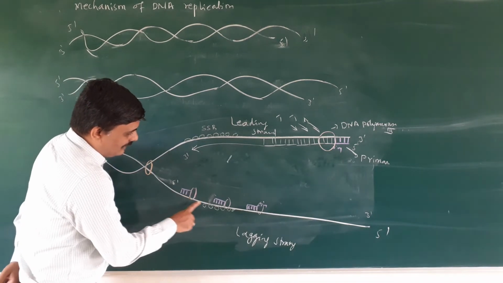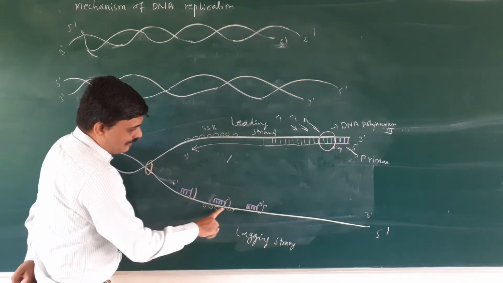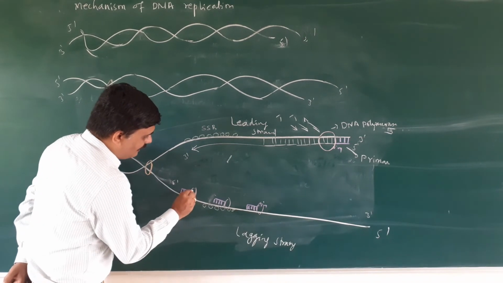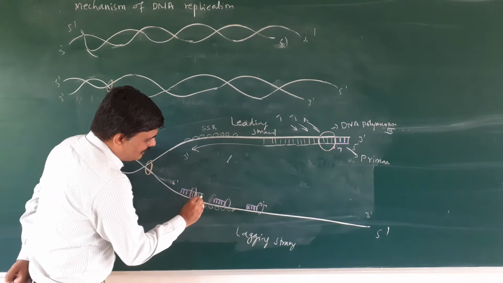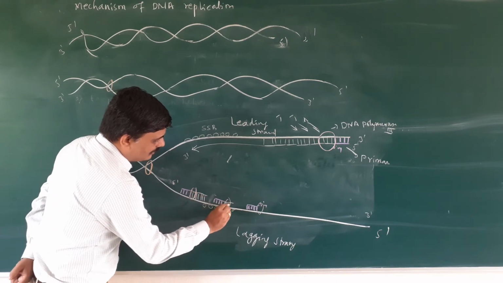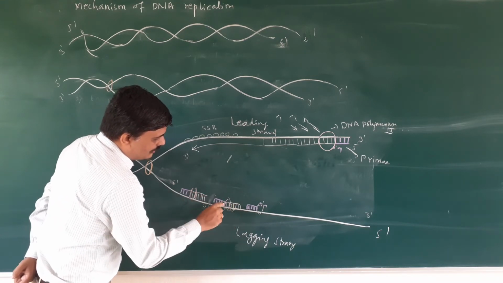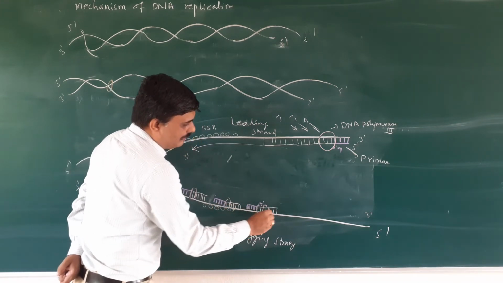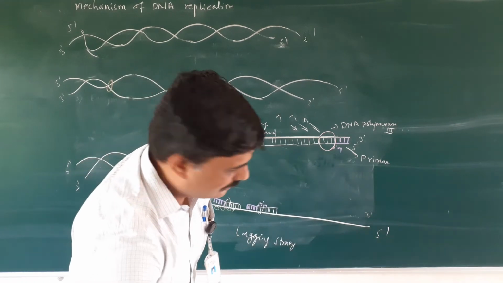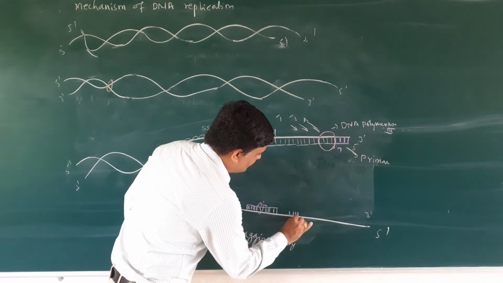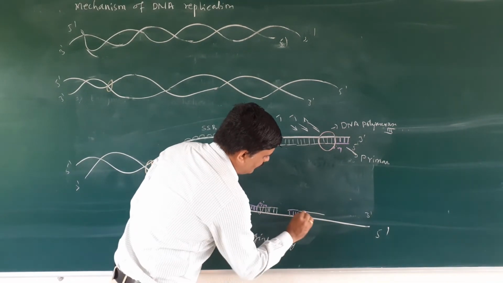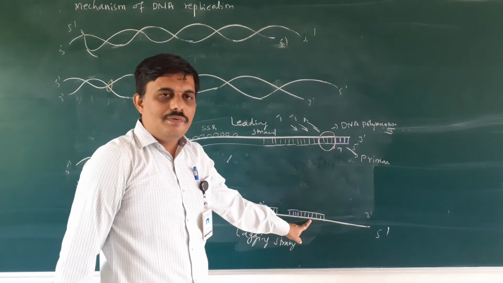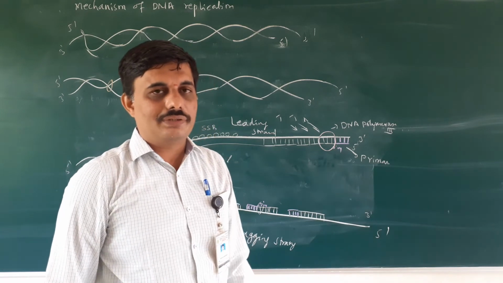To the short RNA primers, DNA polymerase comes and binds, and they synthesize a new strand of DNA. So at the 3 prime OH to which the DNA polymerase attaches, fragments of DNA are formed, with 100 to 200 nucleotides.